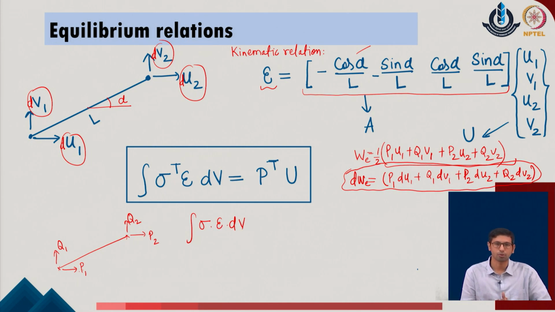Of course, for the present problem at hand, we have only one component of stress, which is sigma x, because we consider that the system is only subjected to normal stresses. Other than that, the shear stresses or other components of the stress tensor are not present in this situation. But still, to make the expression more generalized, we consider sigma transpose into epsilon dV, and this comes out as the general representation of the strain energy in the given system.